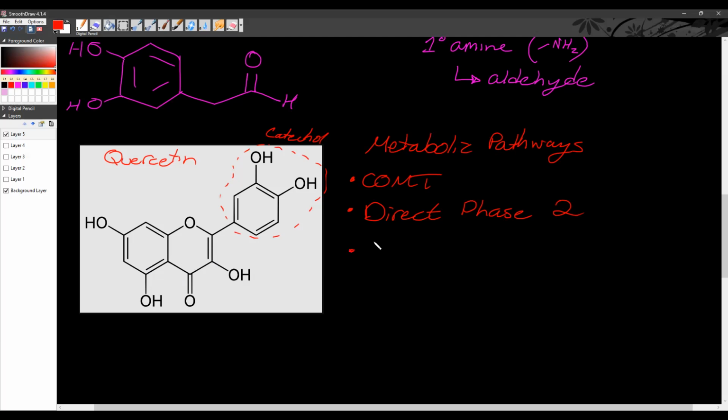Aromatic hydroxylation. Yep. Definitely could put an OH right there if we wanted. And I think that is everything we have.